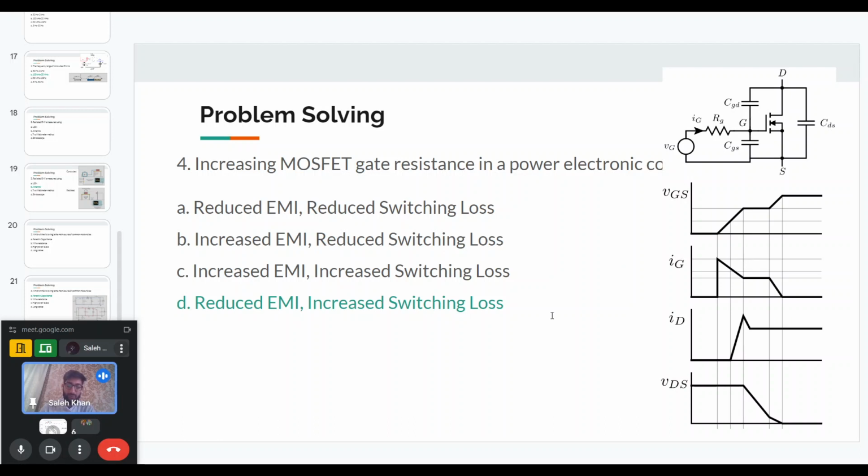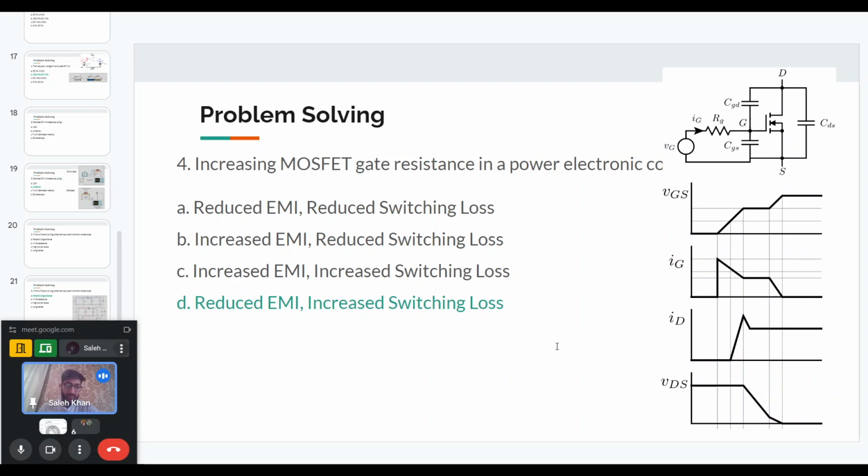By increasing the switching loss, the efficiency is reducing as well as the temperature of the device is increasing. So the heat sink that we have designed has to incorporate that additional loss. If we don't increase the gate resistance properly, it may actually damage the device due to the additional heat.